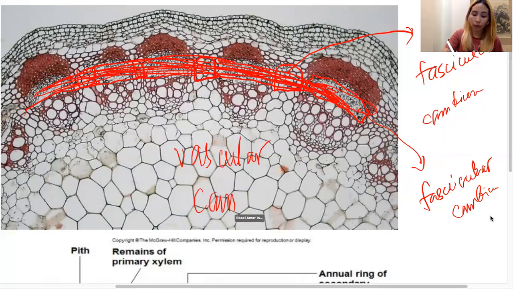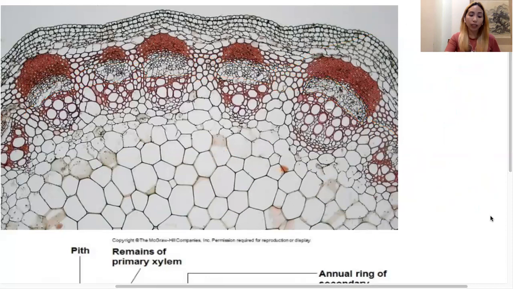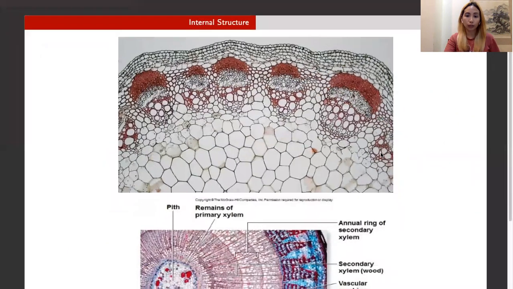cambium. Once you have a vascular cambium, the plant is now ready to give rise to secondary xylem and secondary phloem. Okay? And that is what we will see in the picture underneath this one.